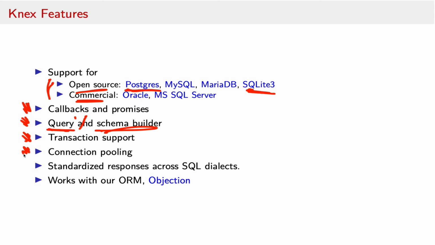Knex also supports the notion of connection pooling. What we'll see is that when we access a database like Postgres, or any of the production level databases that we just see at the top of the page here, normally the way you do that is to make a connection over the network using TCP/IP, and those connections are limited resources. You can only have so many simultaneous connections open to a database management system at a time.